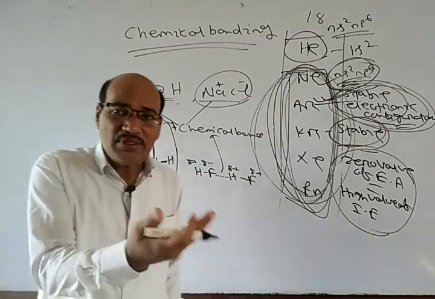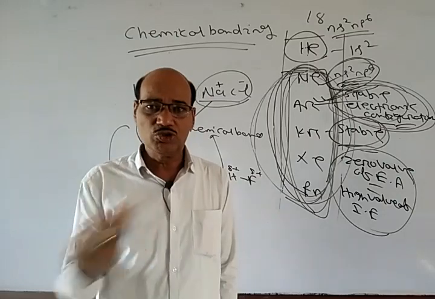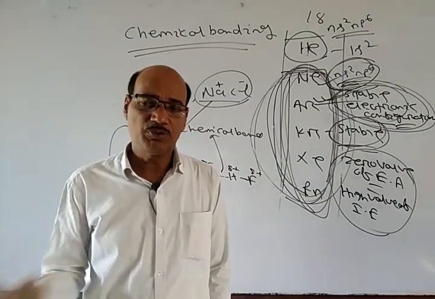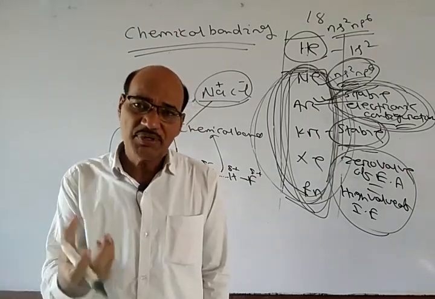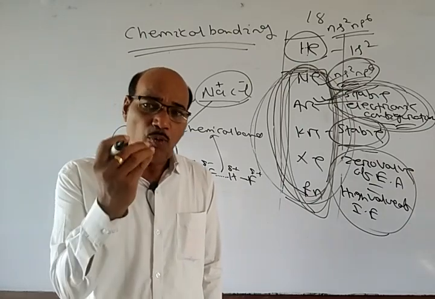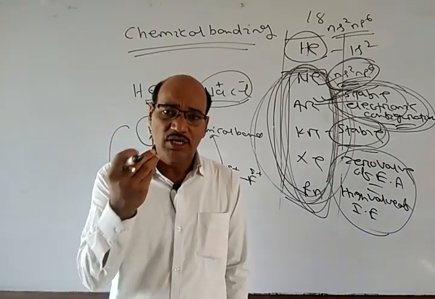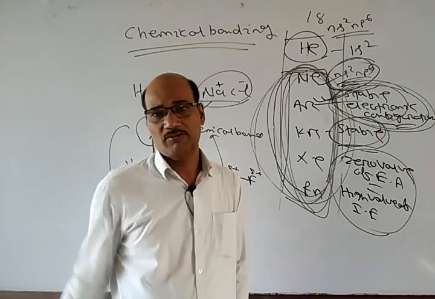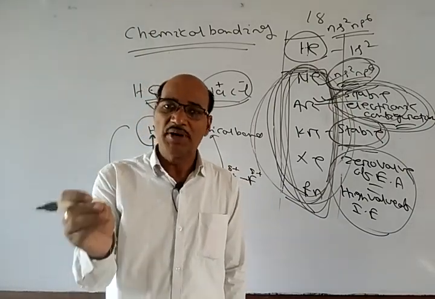And when we have metals like sodium, potassium, iron, copper, silver, gold, in the metals also there is a force of attraction between the electrons and the nucleus. That is called metallic bond.